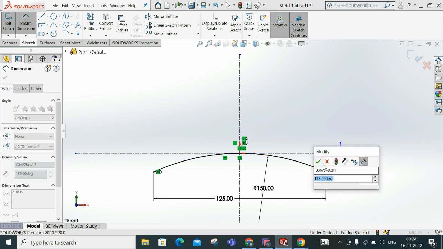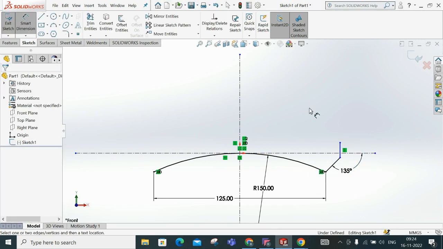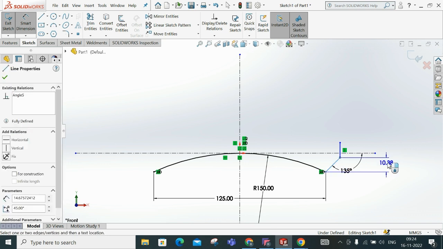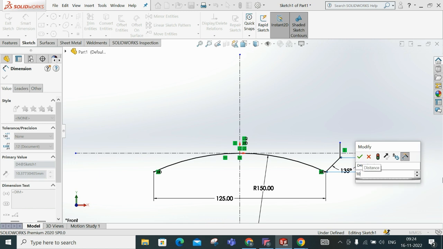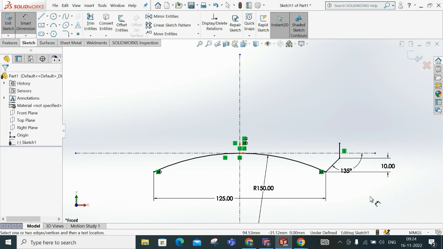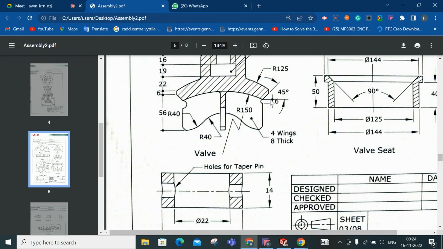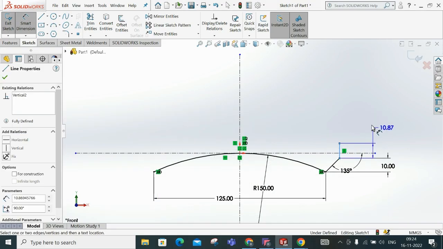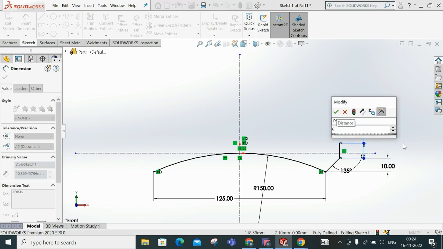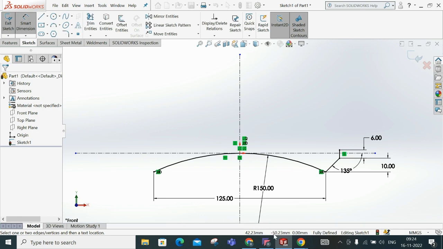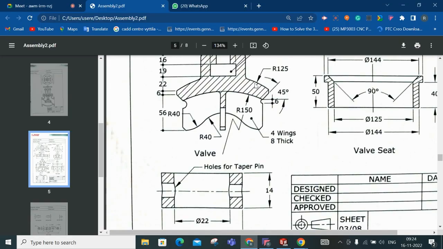And then this 10, then this is 6, this is 6, then another angle 130, 125 radius, another arc is there.